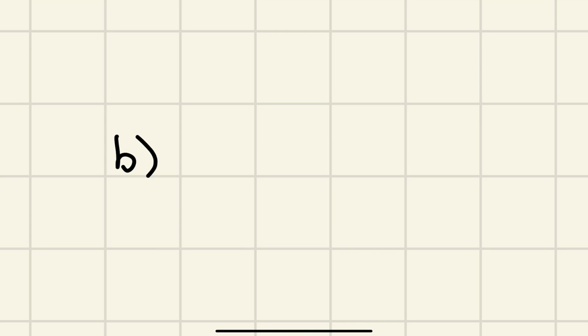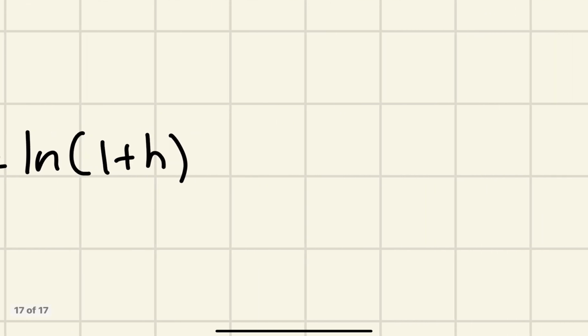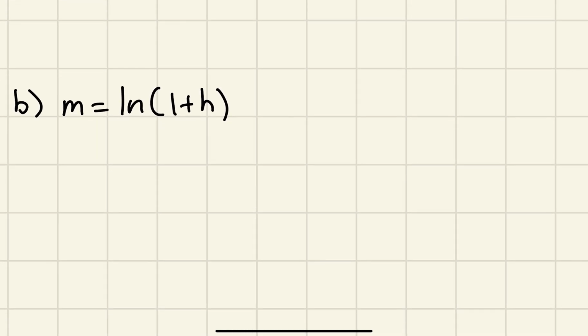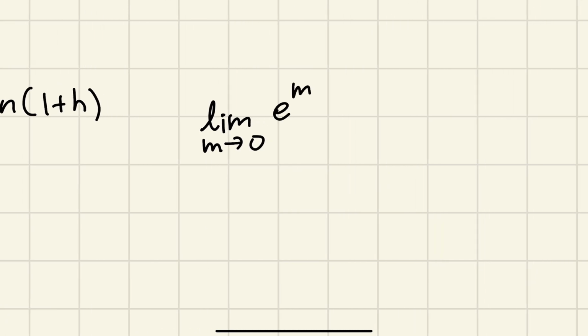So the next thing you have to do is, using the substitution m equals the natural logarithm of 1 plus h, we have to show that the limit as m approaches 0 of e to the m minus 1 over m equals 1.